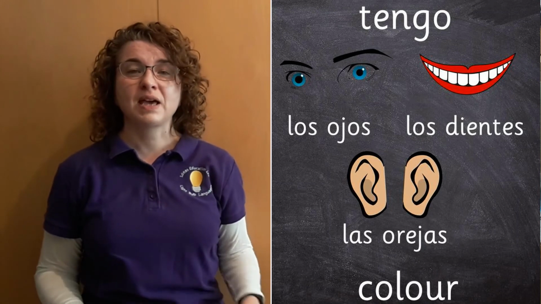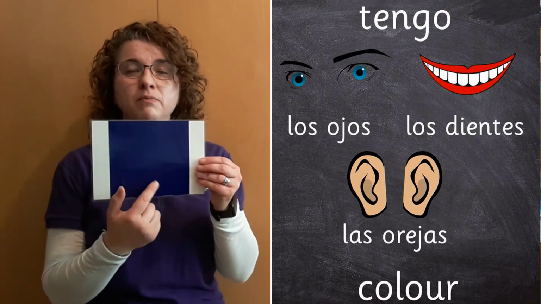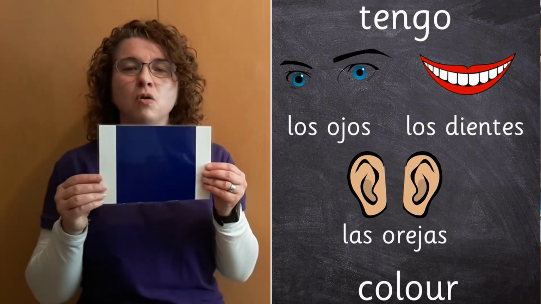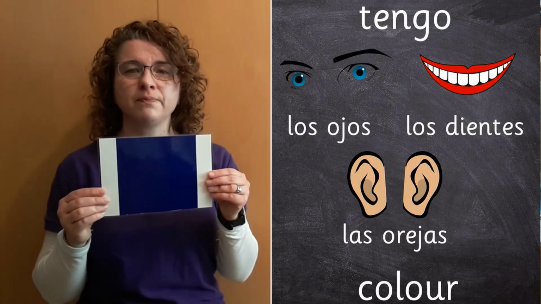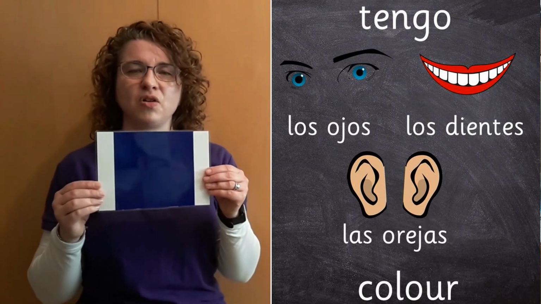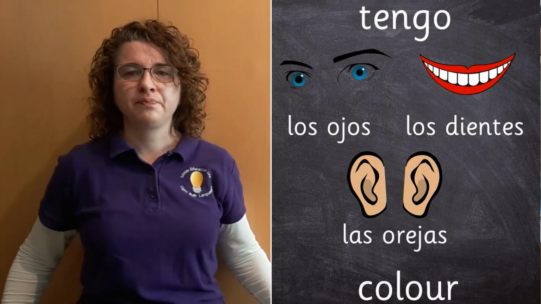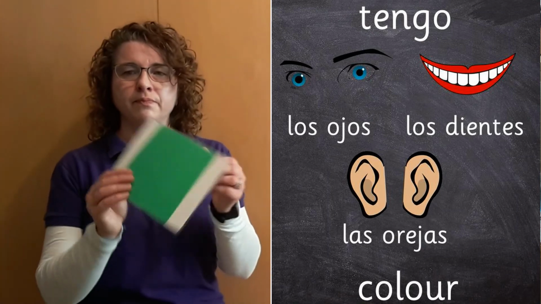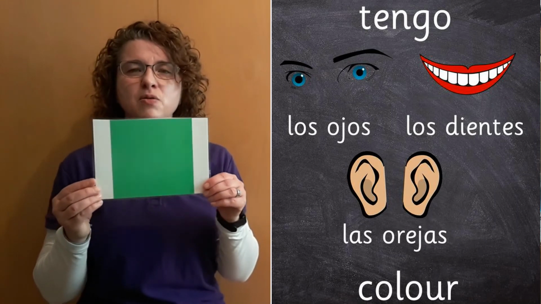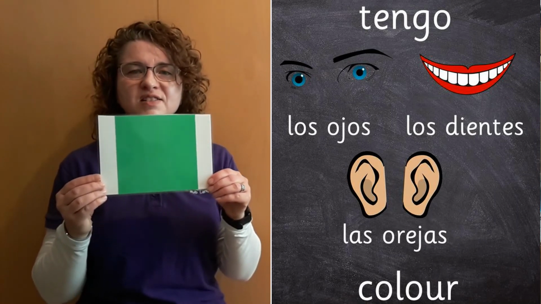So to make azul feminine, we know we don't have to change that. All we have to do is to make it plural, and we add es on the end because it ends in a consonant.